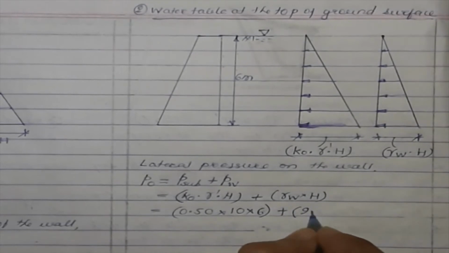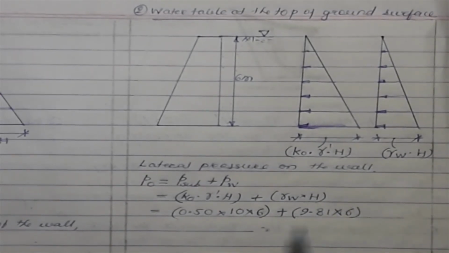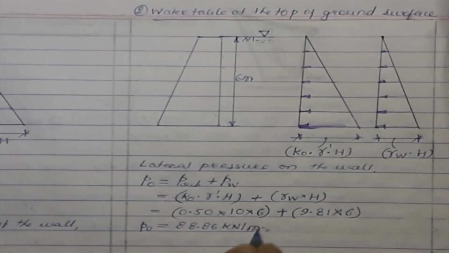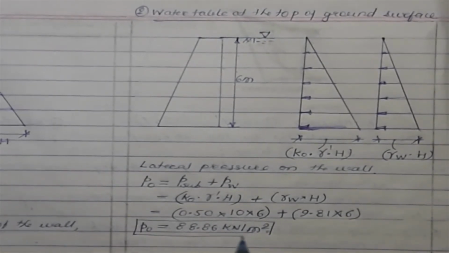Take it as 9.81 kilonewton per cubic meter unit weight of water multiplied by H, that is 6 meter. Solving this, we will get P0. Let us calculate. It comes out to be 88.86 kilonewton per meter square. This is the lateral pressure due to the submerged unit weight of the soil.